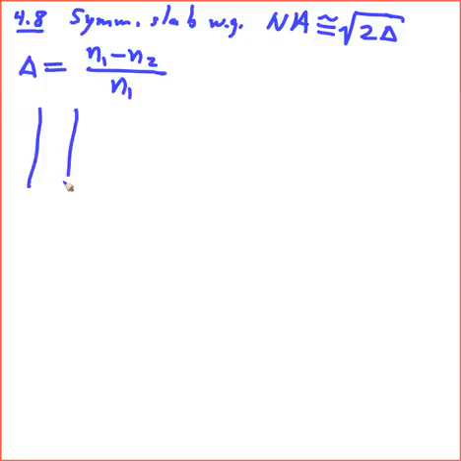And here we're in a symmetric slab of index n1 surrounded by cladding of index n2.